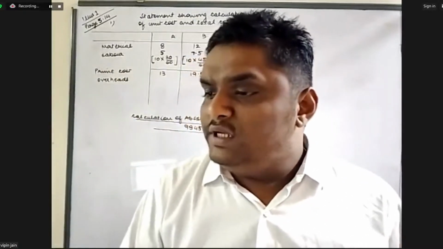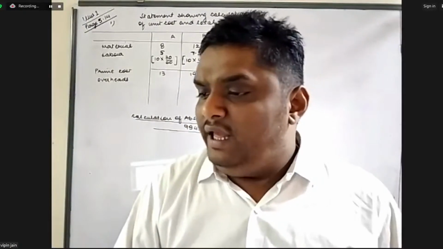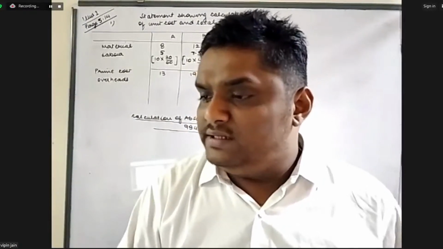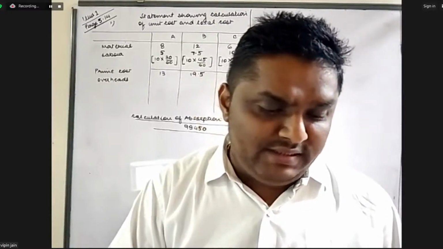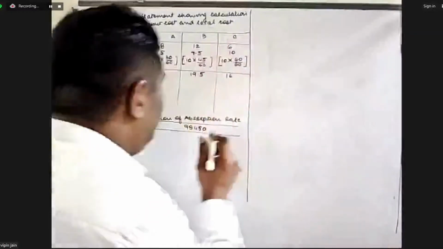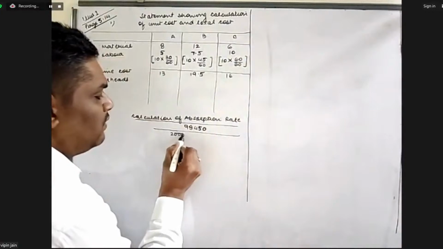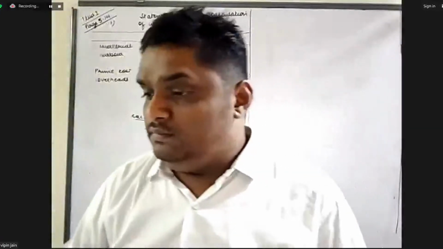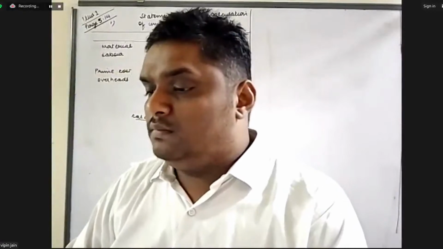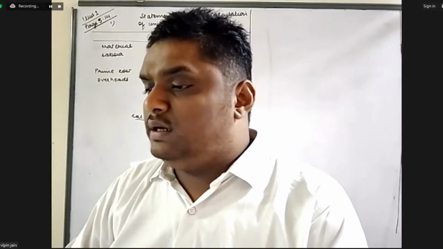Herein, total 4,000 units are manufactured and every unit requires 30 minutes. Total 4,000 into 30 divided by 60. So for product A, it is 2,000 hours.